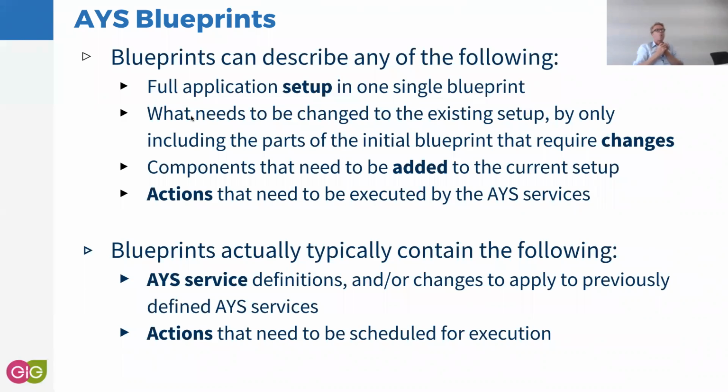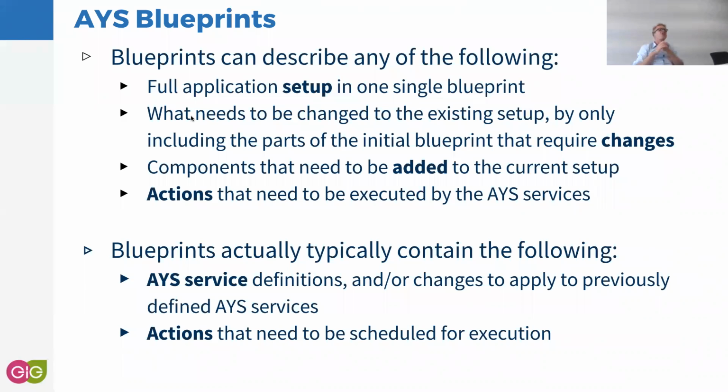Actions are like, what do you want a specific AYS service to do? So for instance, if you have an AYS service that is responsible, as I said, to monitor and install and do the full lifecycle management of a specific workload or an orchestrator, you could say, well, AYS service, I know that you are checking this and that every 5 minutes. Check it now, because I want to know now. Or you know what?